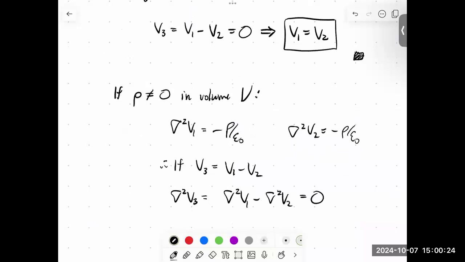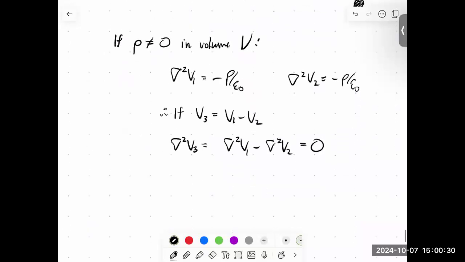It's still going to be zero because these rhos are just going to cancel and the argument is exactly the same. So we again find that V1 is equal to V2. So therefore, even if we have a region of space where the charge density is not zero and we have to use Poisson's equation, this uniqueness theorem still says that the solution is unique.